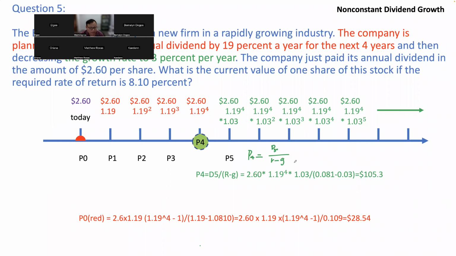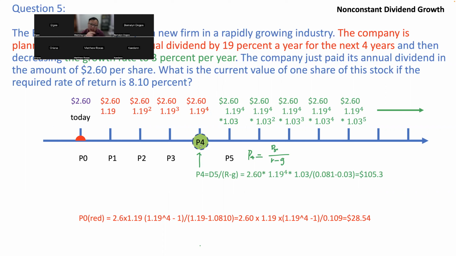So now we can use this formula: P4 equals D5 divided by R minus G. I'm able to calculate that this is $105. But this is not P0. So far we are only calculating P4 for the green payment.